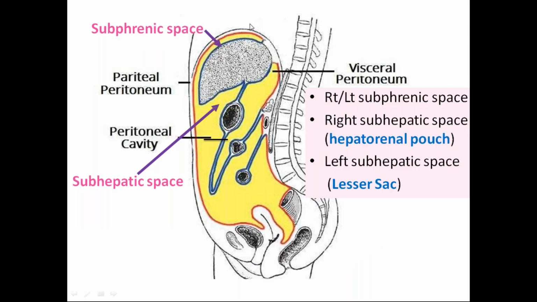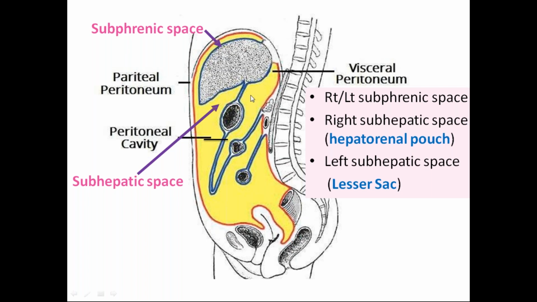See this picture. Now this is again the sagittal section. You can see the liver. This space under the diaphragm is called subphrenic space, and this space under the liver is called subhepatic space. Now this is the right subhepatic space and this is the left subhepatic space.